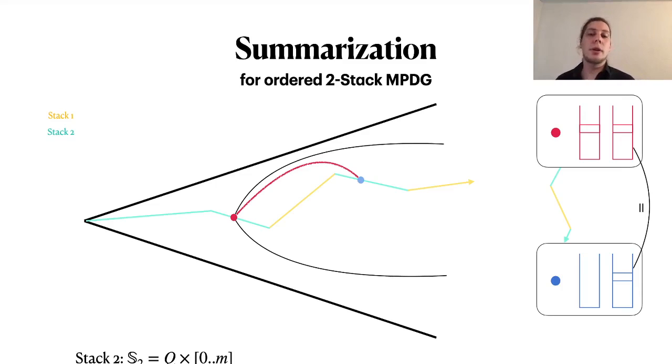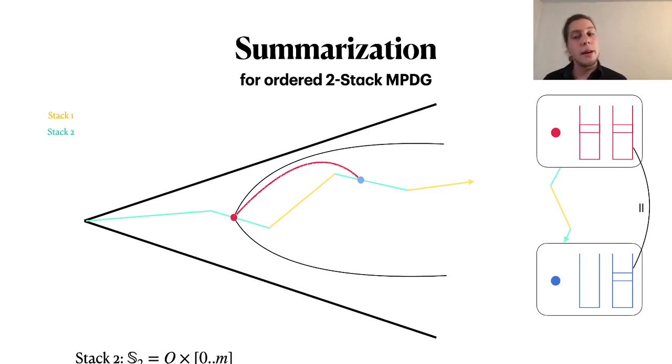And actually, we do not need anything else. The effect is precisely that. The state changes, the first stack must be empty, and the maximal priority seen is important. However, we do not have to store that the first stack empties in our summary because this is true for all summaries that exist. So the set of summaries will actually be precisely the same as the set of summaries for a single stack multi-pushdown system.